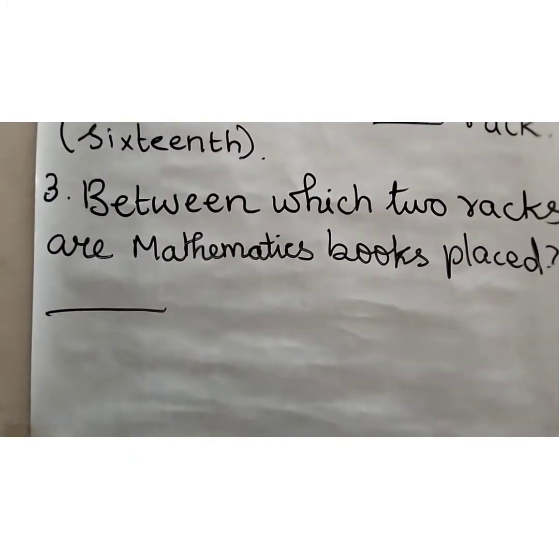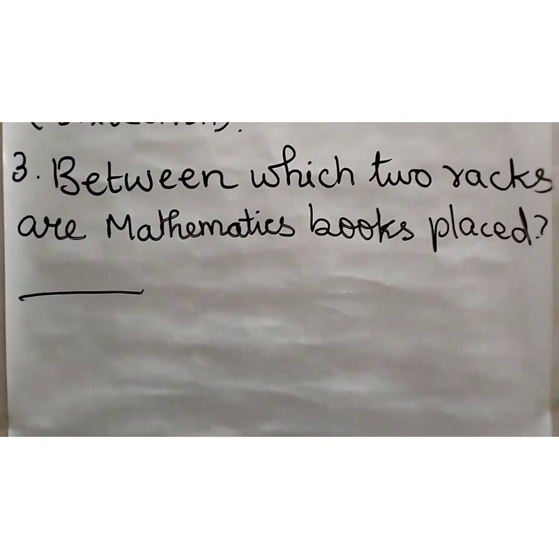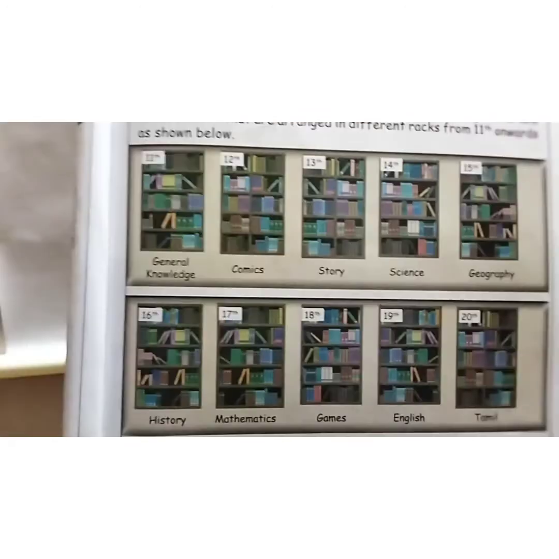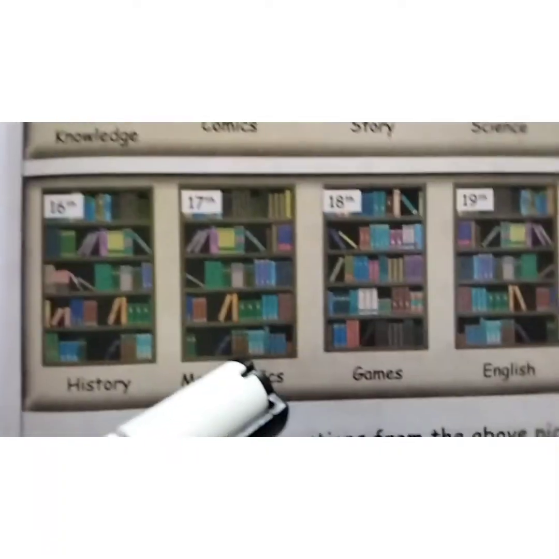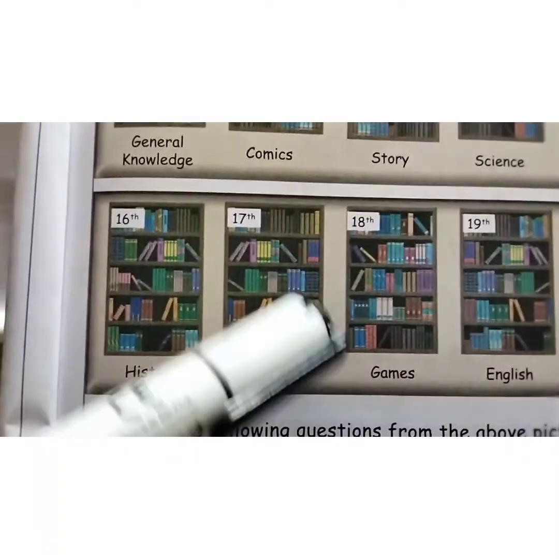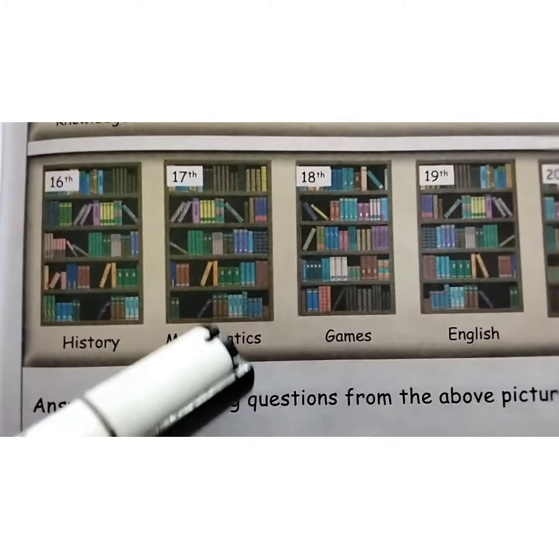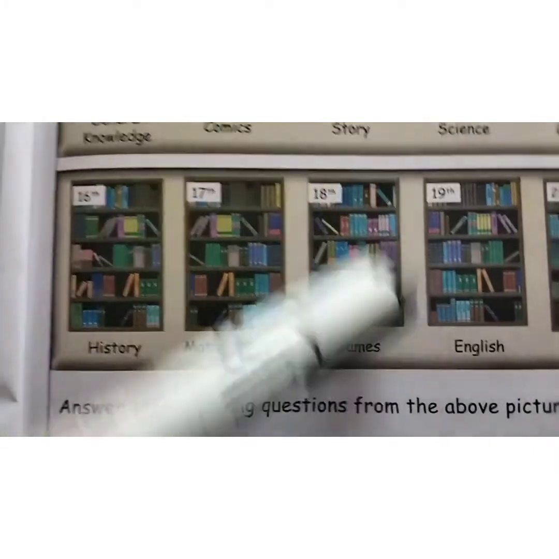So, they are asking where the mathematics books rack is. So, look at the picture now, children. Now, look at the picture. The mathematics is in the 17th rack. So, it is placed between the 16th and the 18th rack. Mathematics rack is placed between 16th and 18th rack.